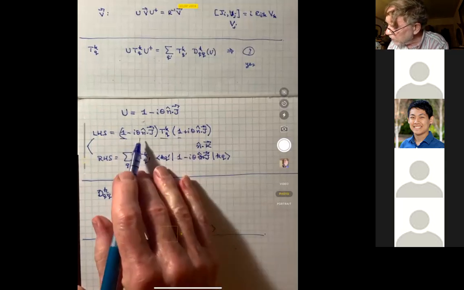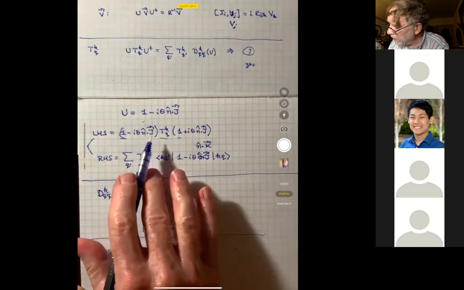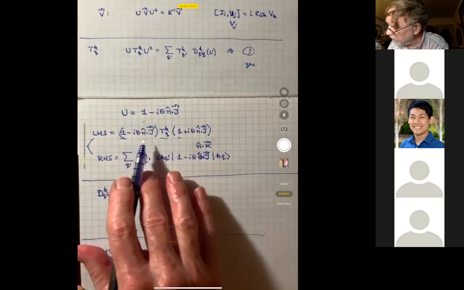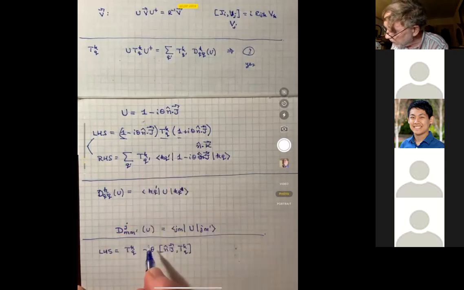And then the first correction term is going to be minus I theta times the commutator of n hat dot J with the T^K_Q. That's the left-hand side, because you get n hat dot J times T^K_Q, and then with a minus sign, T^K_Q times n hat dot J. That's this commutator, carried out to first order.